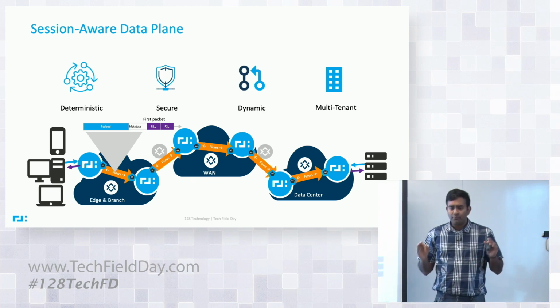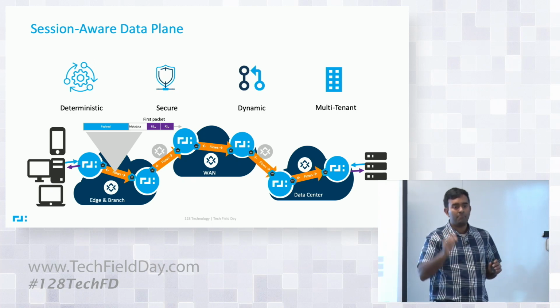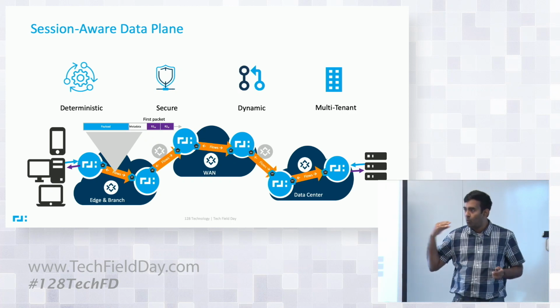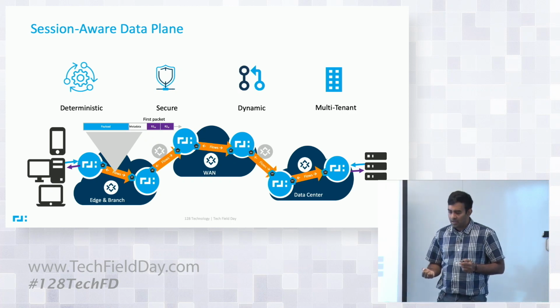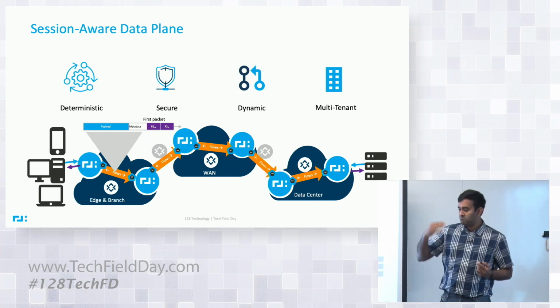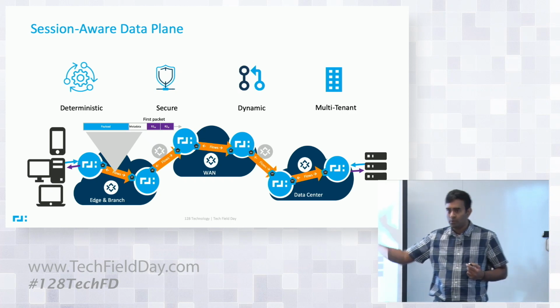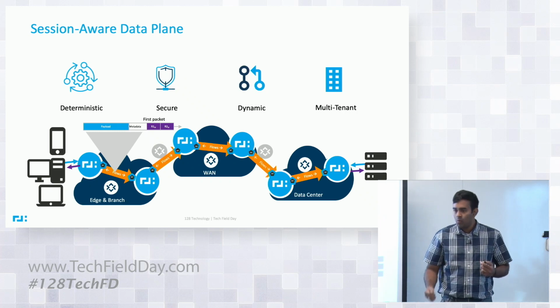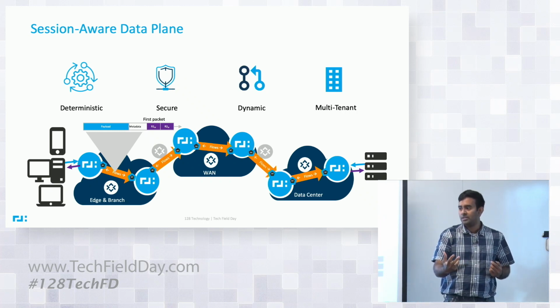Now the basis of SVR is the first packet processing. So what is first packet processing? Let's say a packet comes to a 128 router and it has to be sent out to another 128 router or sent to a particular application. We take the first packet and run it through a bunch of policies, figure out where it has to go, and then create a session for it.